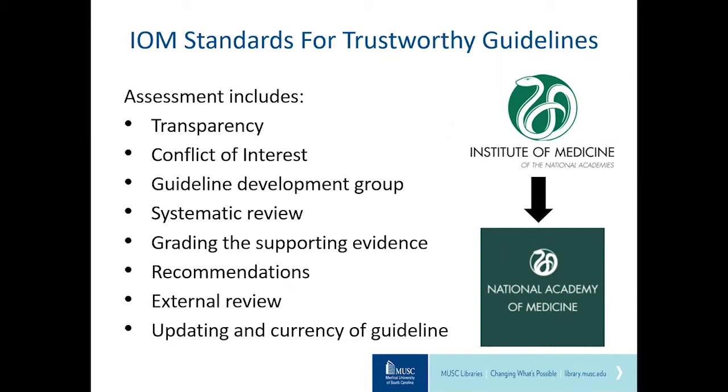Whether the supporting evidence for each recommendation was stated and the level of evidence was assigned. Whether the recommendations were actionable, supported by evidence, and graded for strength of evidence. Whether the final recommendations were reviewed by external groups before publication. And finally, whether the guideline is current and whether there was a plan for when to update it.